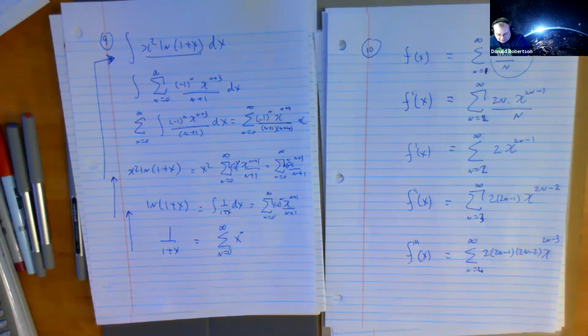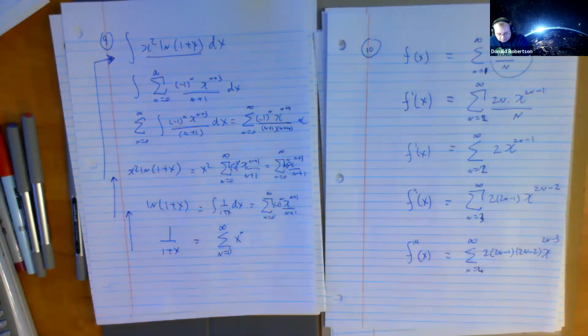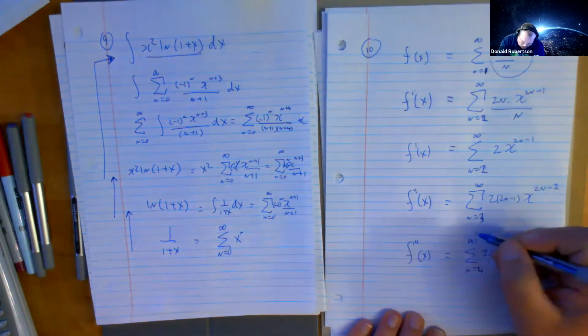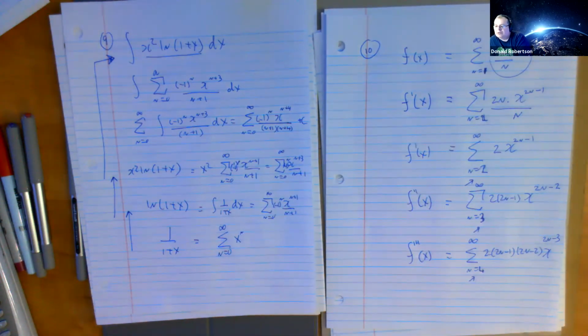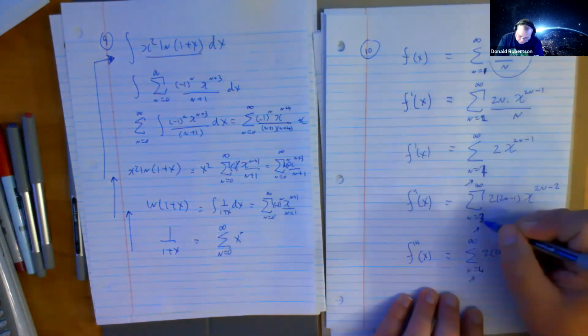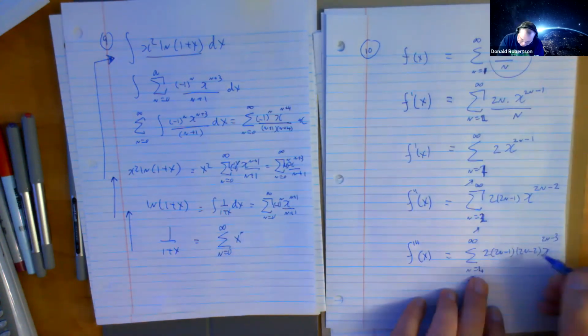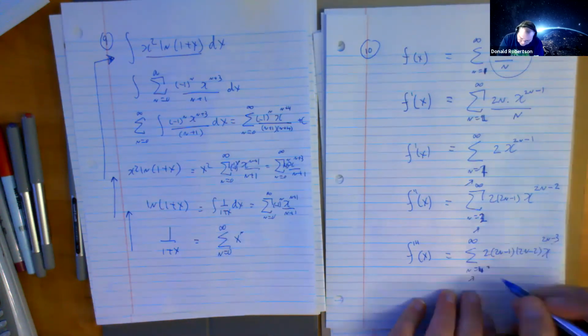Now, in this particular question, the powers were safe because they were so big. But in general, be on the lookout for terms that don't make sense. In this particular question, I could have got away with it because this one was 3.